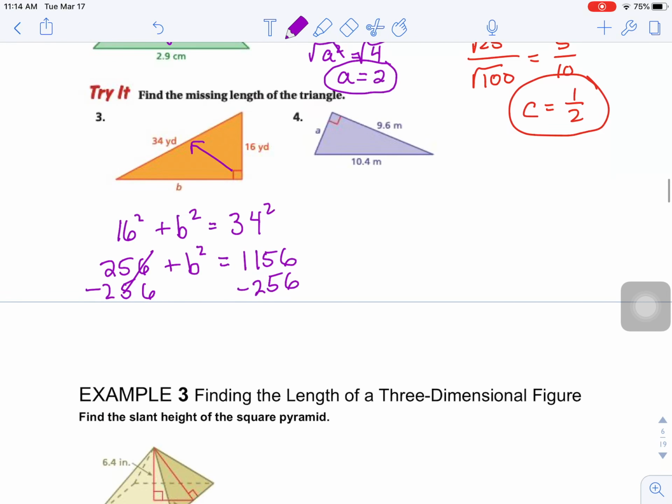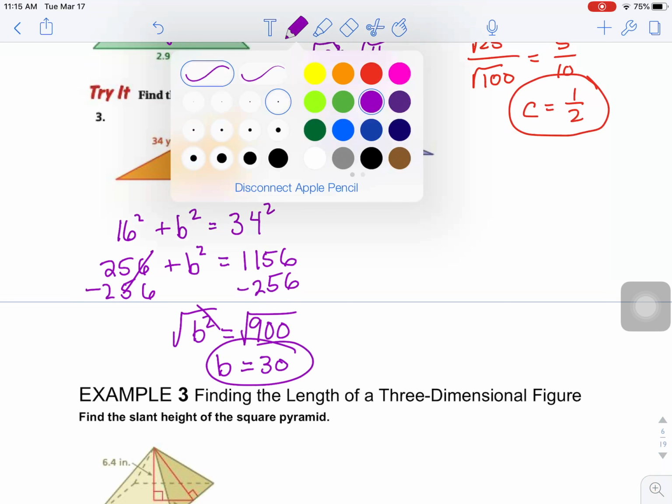If we do that, we get b squared equals 900. Square root both sides to isolate b, and we get b is equal to 30. Again, this answer makes sense, because my two side lengths are smaller than my hypotenuse.